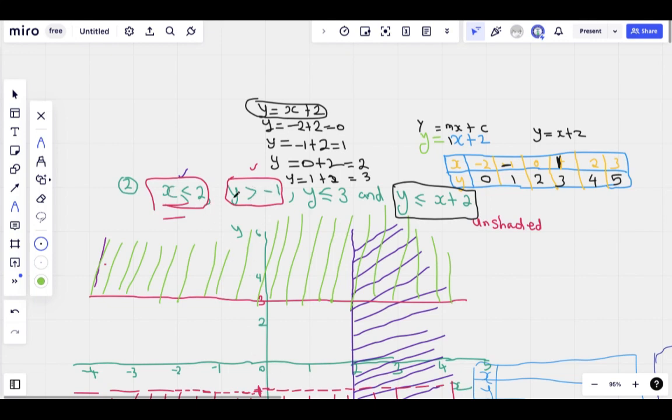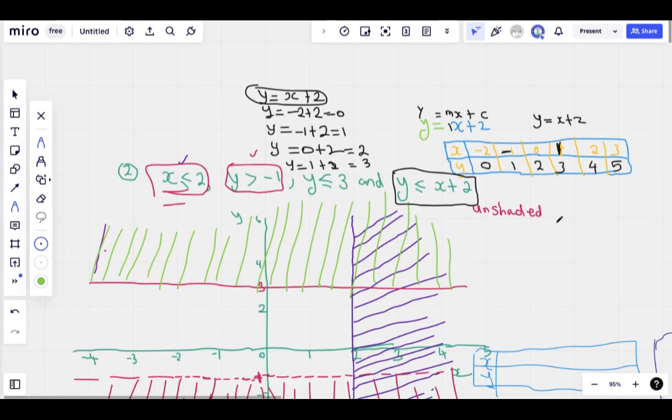The one that has only one variable, y, is easy to draw. But the one that has both x and y together, you make a table and plot it. Then we will test, and we know where to shade and where not to shade by testing.